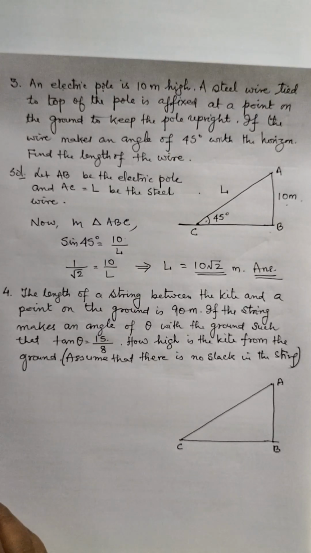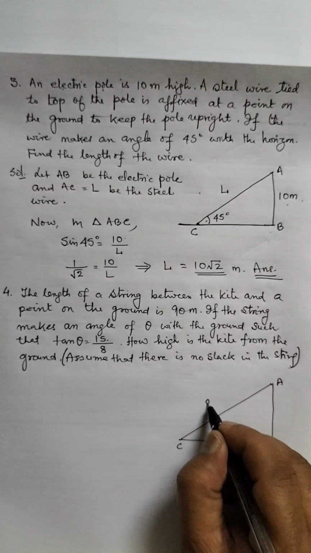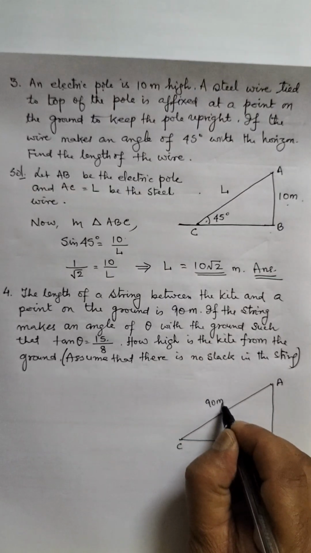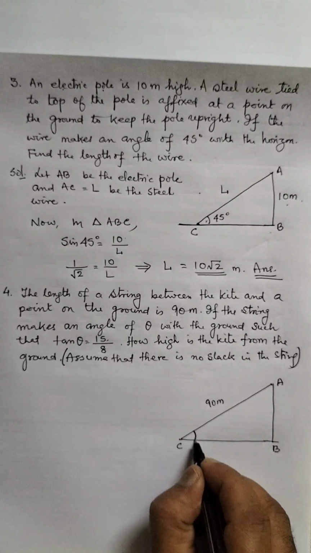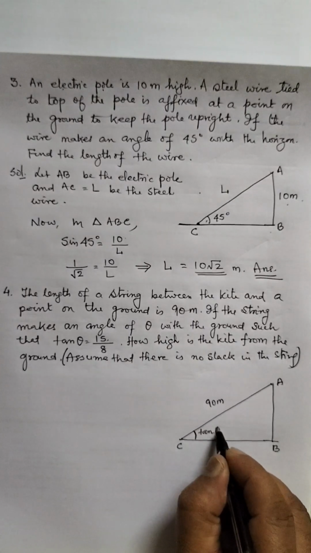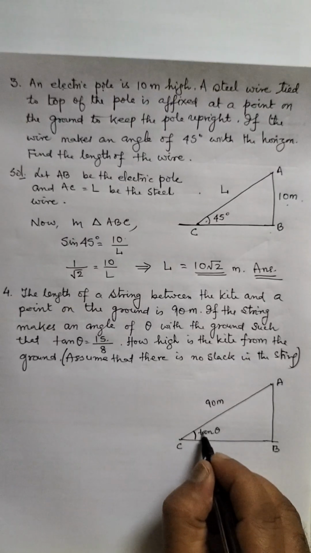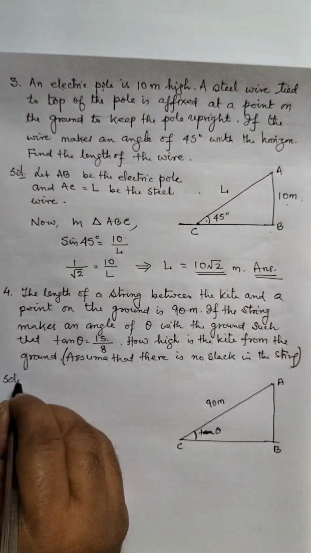No angle is given here. The length of the string is given to be 90 meters, and this angle, we don't know the angle, but tan of theta is given. Theta is this angle, and let us solve it.